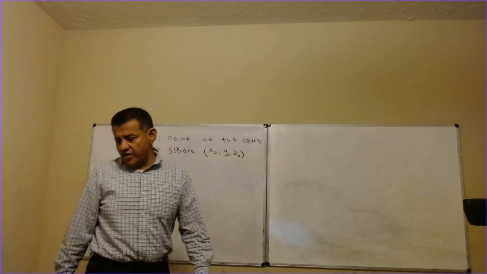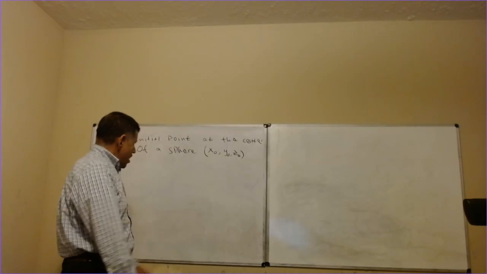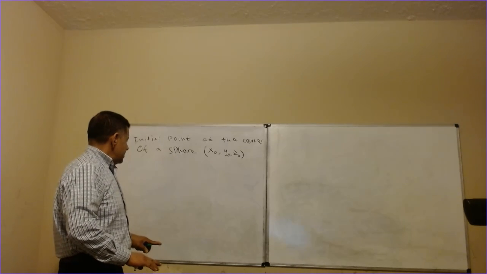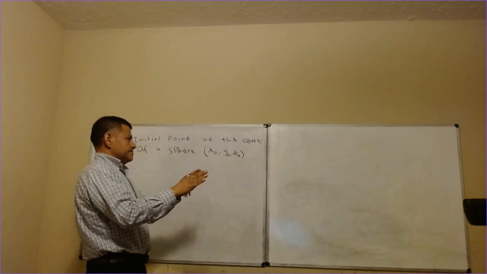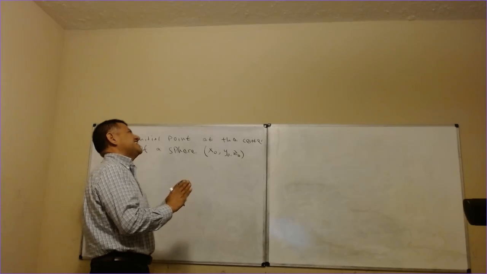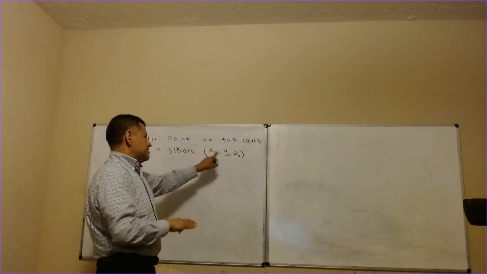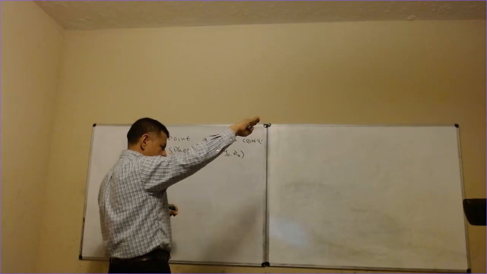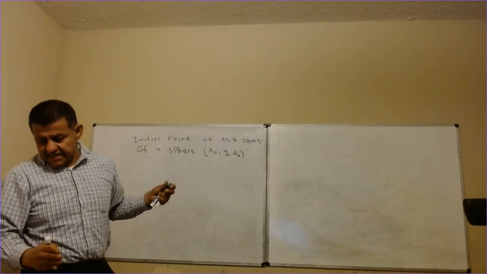Now we have another point which is located somewhere on this sphere, somewhere on the tangent line, right? So we have this point at the center, then we have another point at the edge, which basically is the radius.